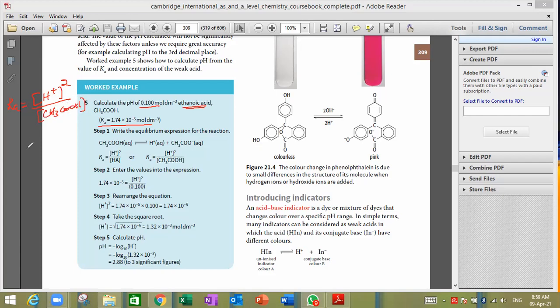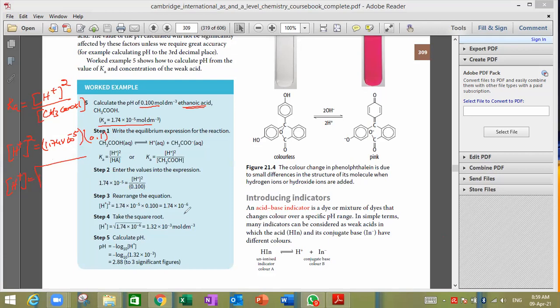Okay, now this means that the hydrogen ion concentration squared equals the Ka value that he gave us, 1.74 times 10 to the power minus 5, times the concentration of the acid, which is 0.1. So we do these calculations, and then the hydrogen ion concentration is equal to the square root of this value that we get.